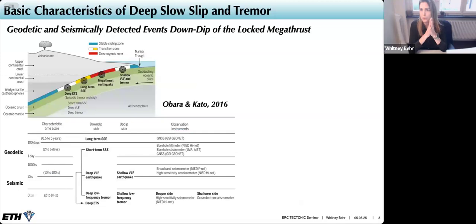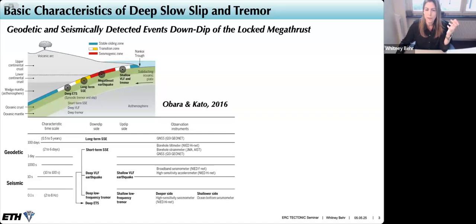Okay, so I think most people in this audience are probably familiar with slow slip, but just in case there's students or researchers in adjacent fields, I wanted to give a quick overview of what it actually is. As the name implies, slow slip and tremor consist of two distinct components. The slow slip part, which is detected with geodetic methods, represents aseismic slip events that can have quite large displacements, often equivalent to magnitude 5 or greater, 6 or 7 earthquakes.